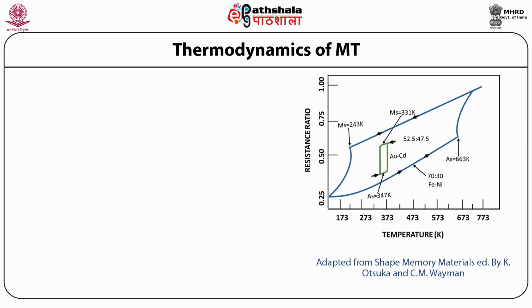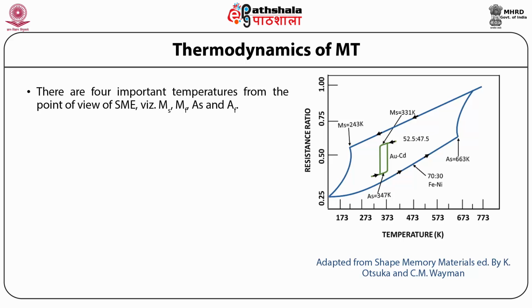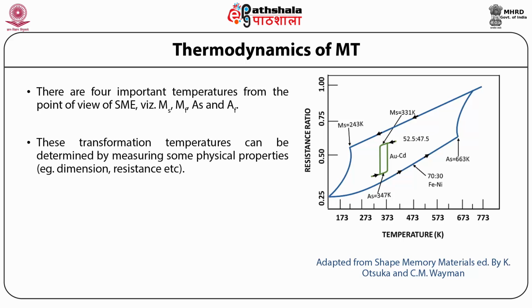Thermodynamics of Martensitic transformation, or MT. Martensitic transformation is defined by four important temperatures which have been explained earlier, and these are MS, MF, AS and AF. These transformation temperatures can be determined by measuring some physical properties.